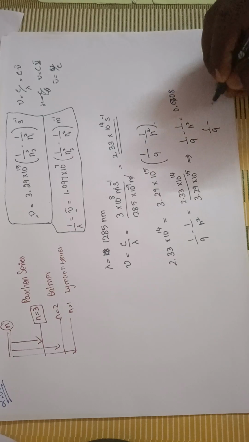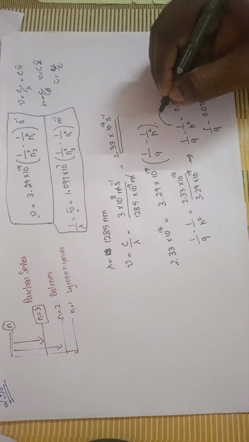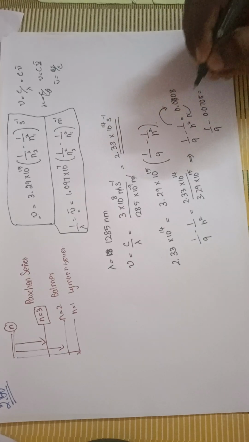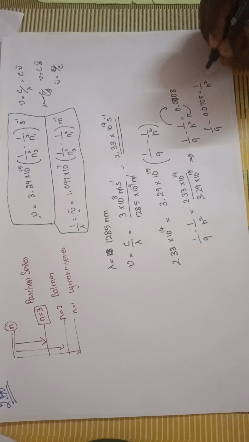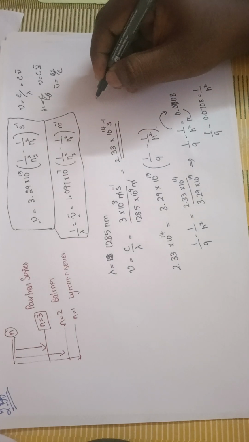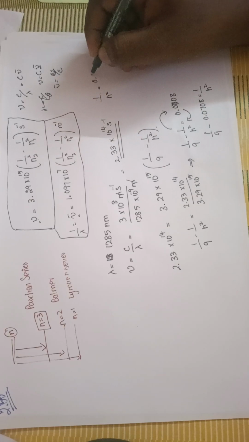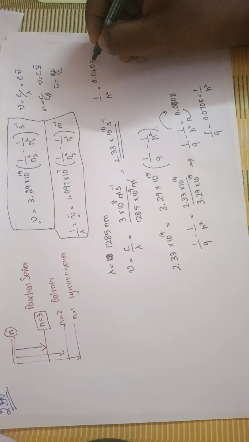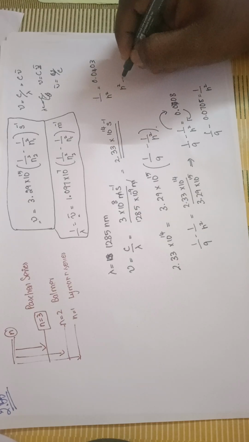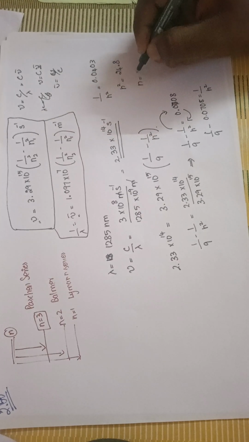1 by 9 minus 0.0708. We bring the 1 by n square term over here and take this over there, it becomes minus. So 1 by n square equal to 0.0403. n square will be 24.8. n value will be approximately 5.